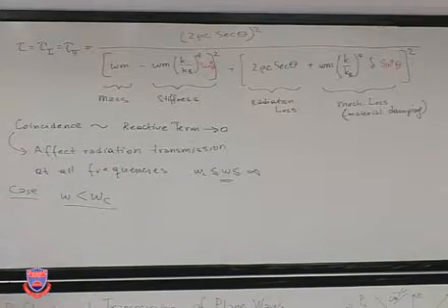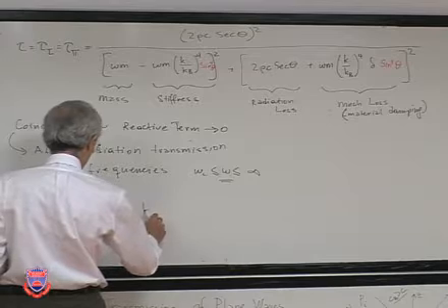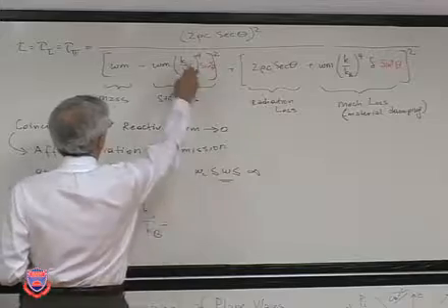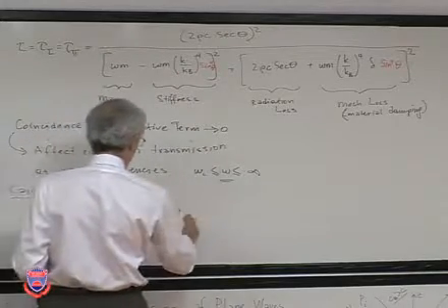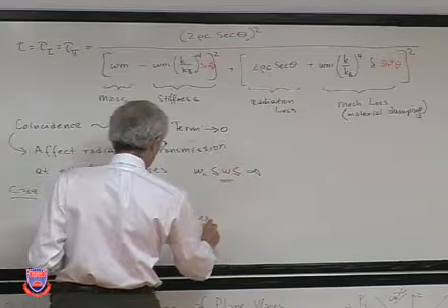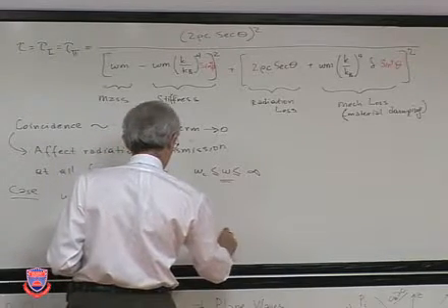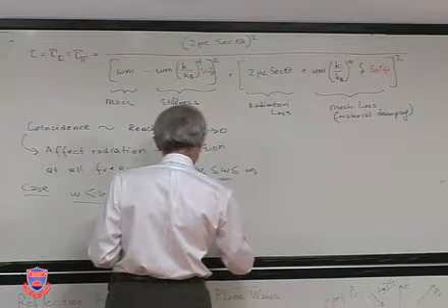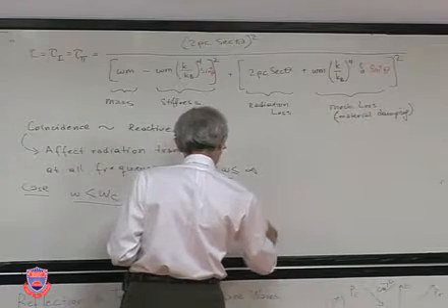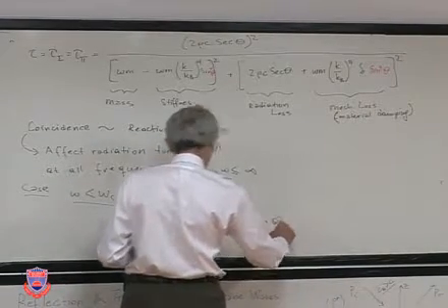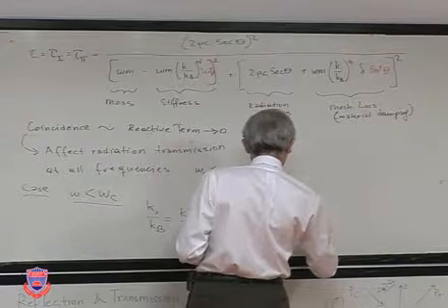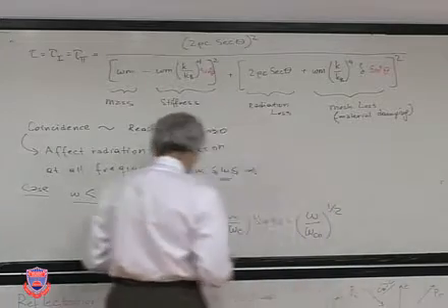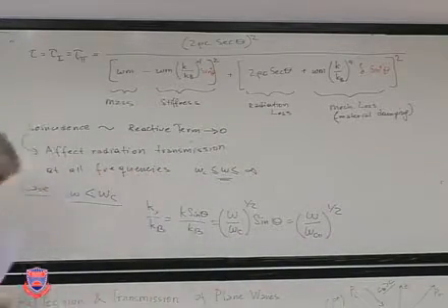What do we have here? I have kx over kb, which is the key number here. That's k sine theta over kb. And from before, the last lecture, we had this expression.